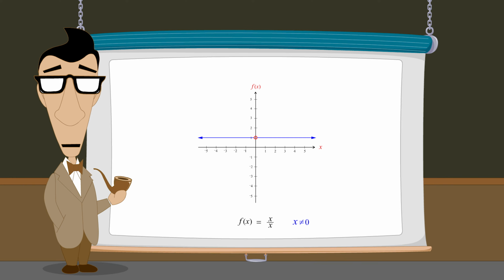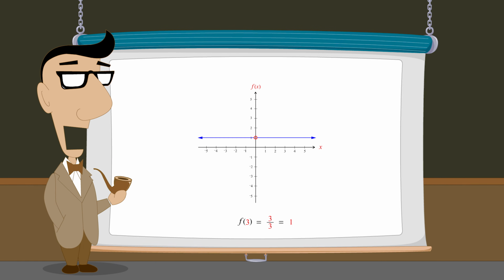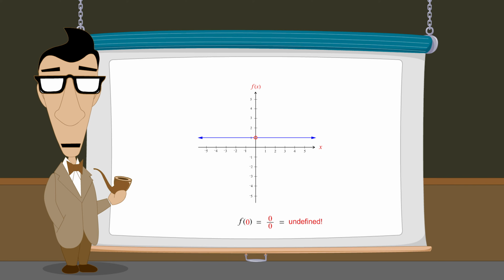In this example, it is easy to see that for every value of x, the function's value is 1, except for an x value of 0, which produces a hole.